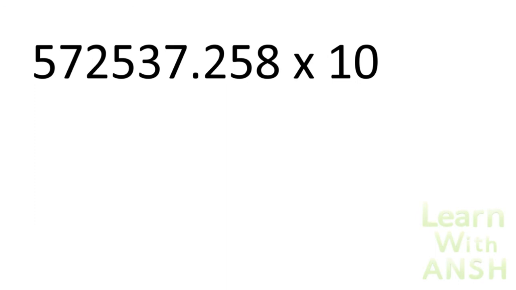Now here's our next example: 5,72,537.258 times 10. This time I want you to pause the video and try this problem on your own. Okay, I'm expecting you to pause the video, and now I'm going to tell the answer.